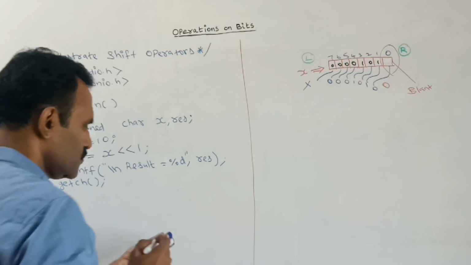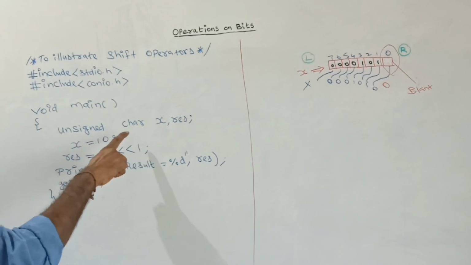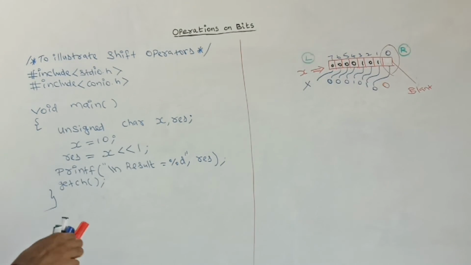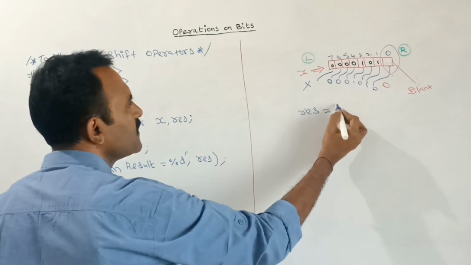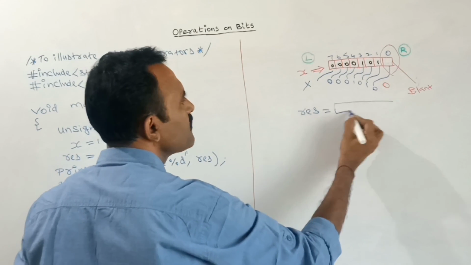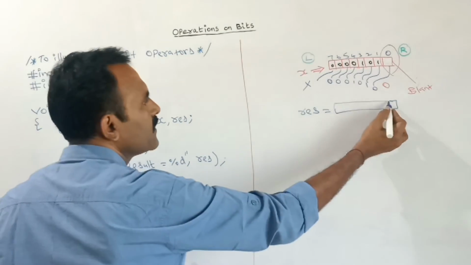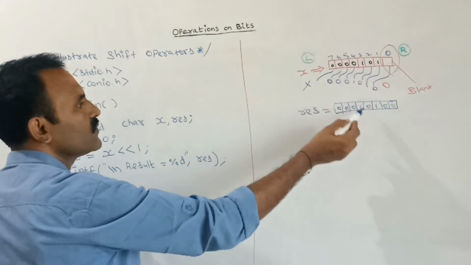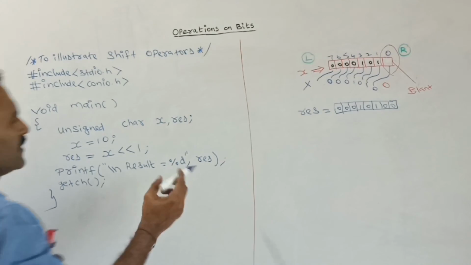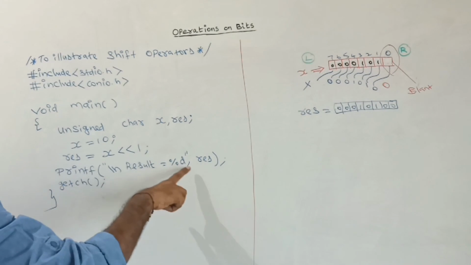If it is blank, we should add 0 to the blank space. So see here, res is equal to x left shift of 1. After left shifting, this answer will be stored in the variable res. This is the binary value after left shifting, stored in res. Now I am telling it to print result is equal to percentage d, res.